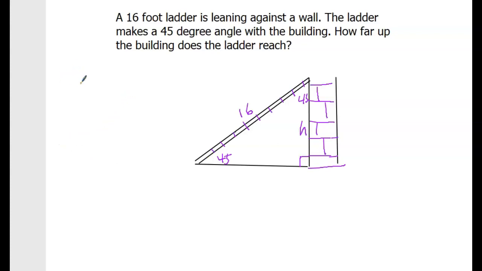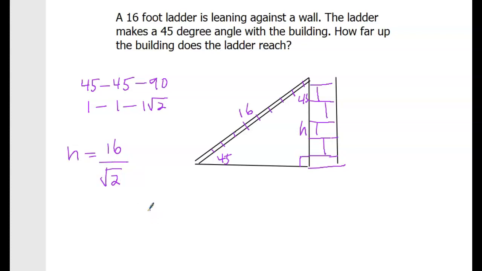So here we see that it's 45, 45, 90, and that's 1, 1, square root of 2. Now we know the 90 side of it. So for us to get the H, it's going to be the 90 side of it, which is 16, divided by square root of 2.